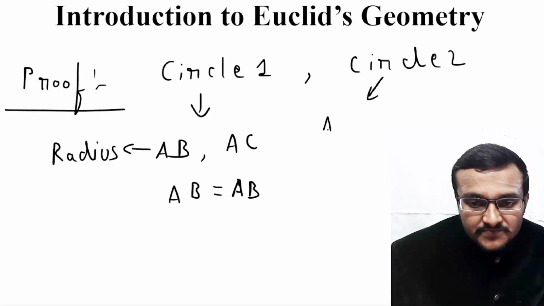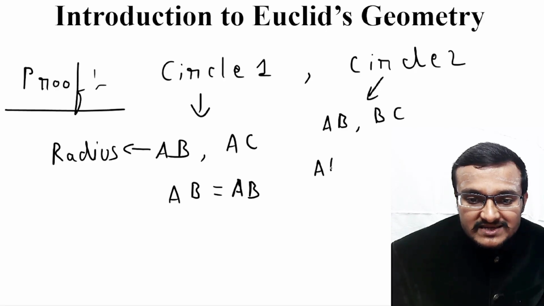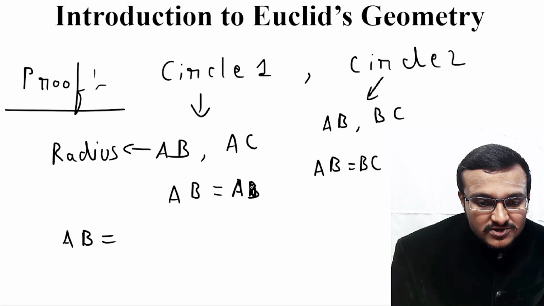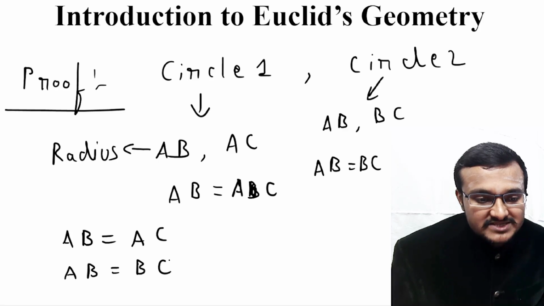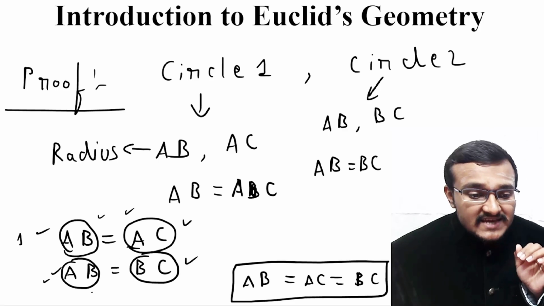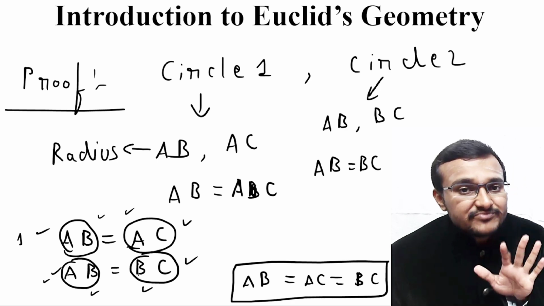So that means AB is one radius, BC is another radius. So AB is equal to BC. So now we have AB is equal to AC, and we also have AB is equal to BC. So individually we are getting AB is equal to AC and AB is equal to BC.